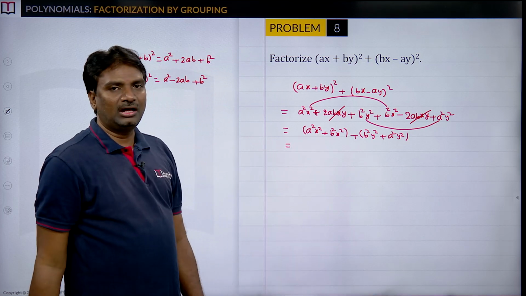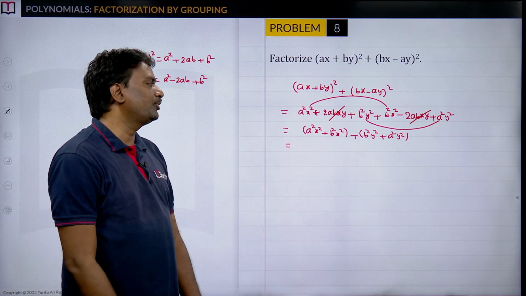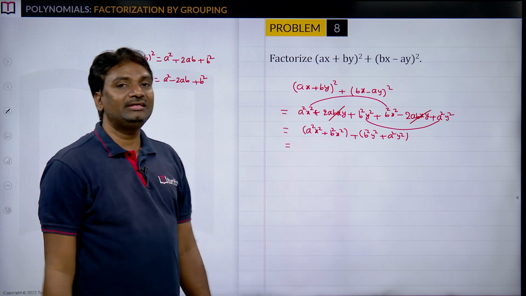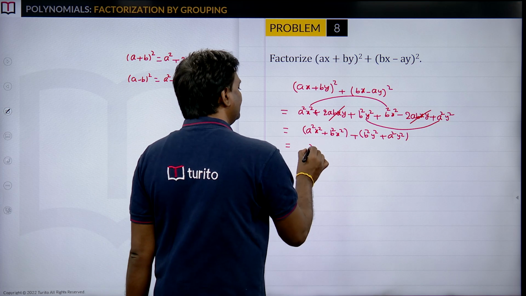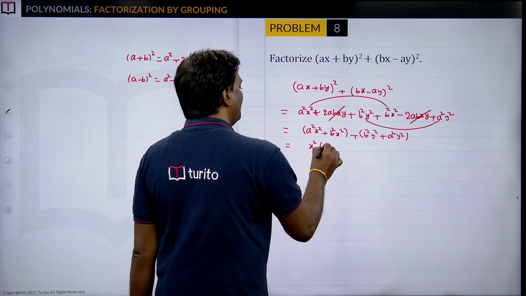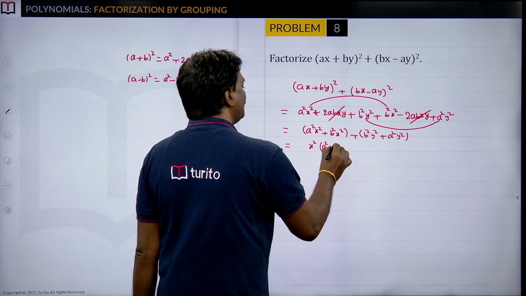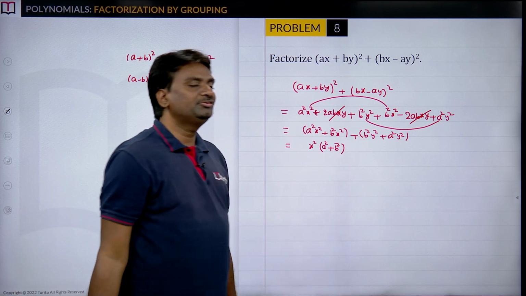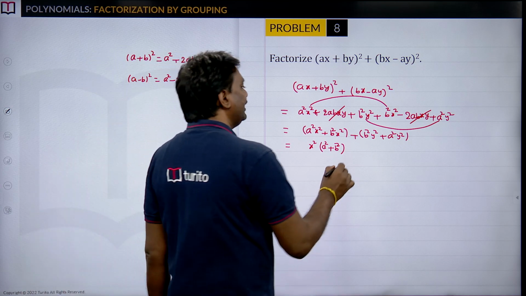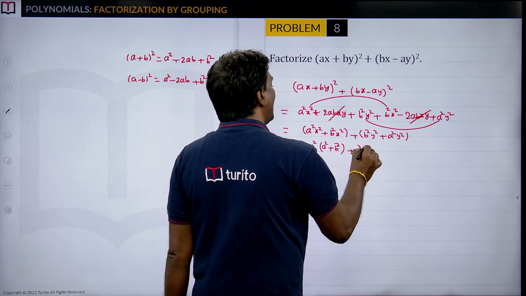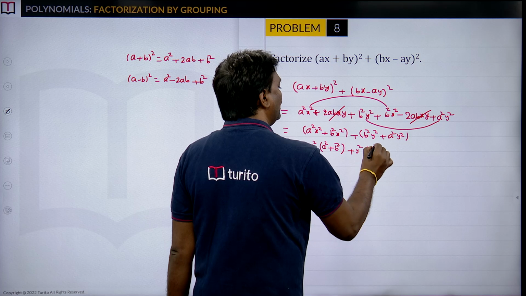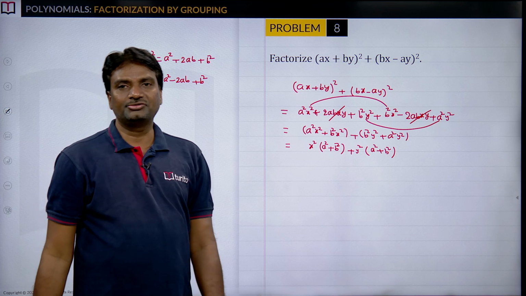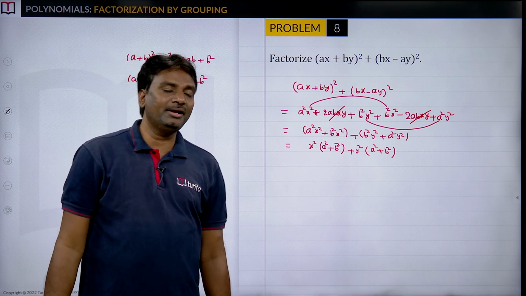By observing the first bracket, here we have a square x square plus b square x square. So, since x square is common, we can take x square as common, we got x square of a square plus b square. Next, from b square y square plus a square y square, we can take y square as common. Again we got a square plus b square or b square plus a square, both are same.